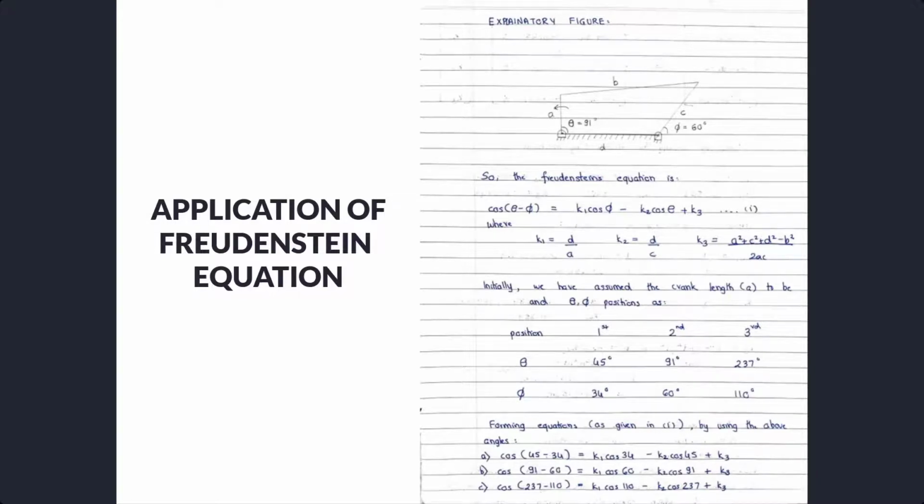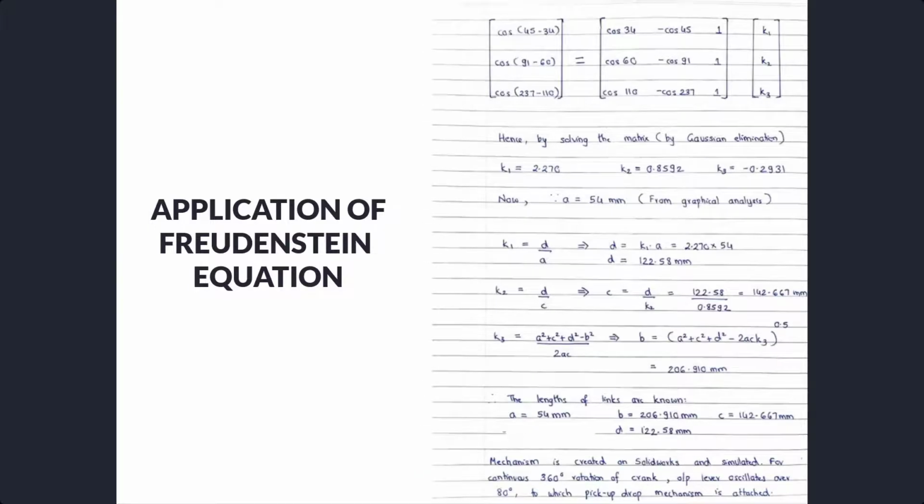Upon using the Freudenstein's equation, we get 3 equations as shown by A, B and C. On further solving them using Gaussian elimination, we get the value of K1 as 2.270, K2 as 0.8592 and K3 as minus 0.2931.